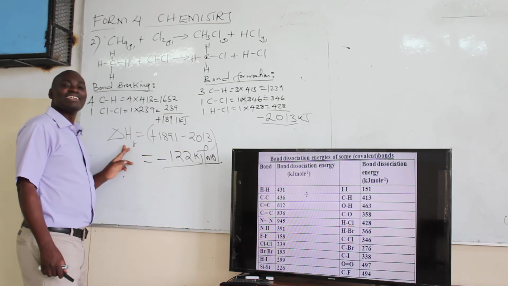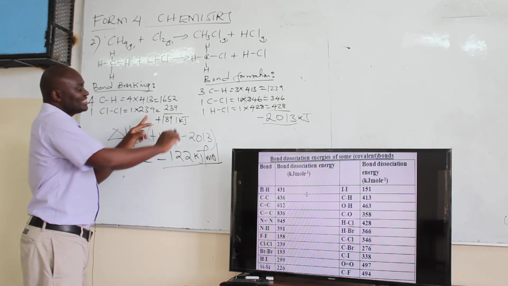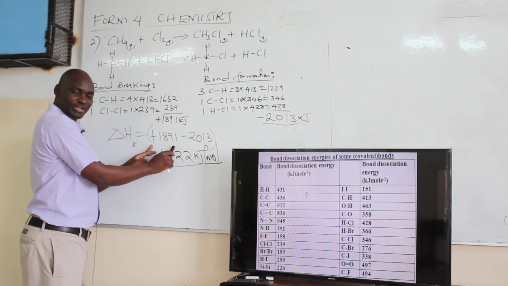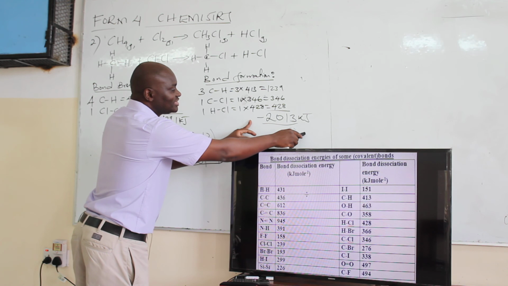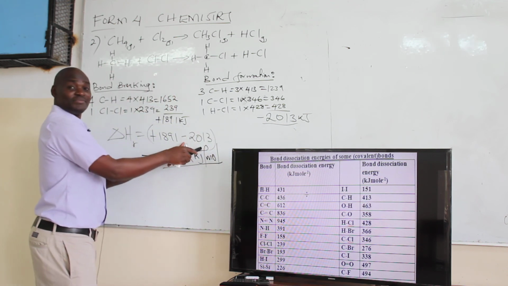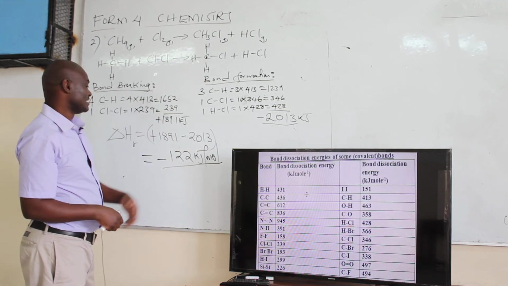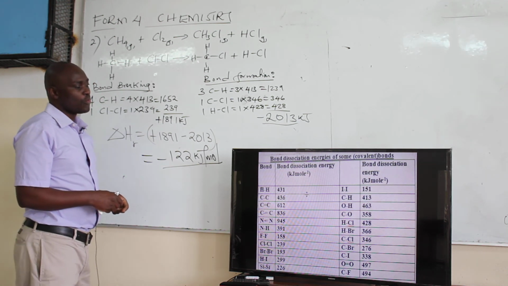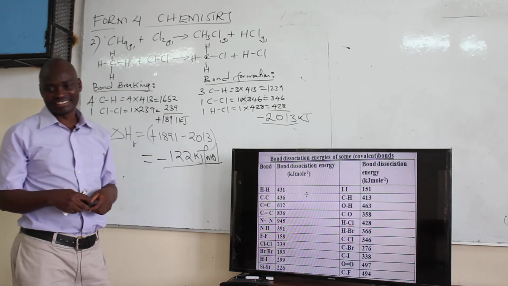Then when calculating delta H, don't bother with the formula. Simply take the value for bond breaking, bring it down here. Then take the value for bond formation, bring it the way it is. Then work it directly. Forget about the formula. You get your answer. So that is how we work when it comes to bond energies.